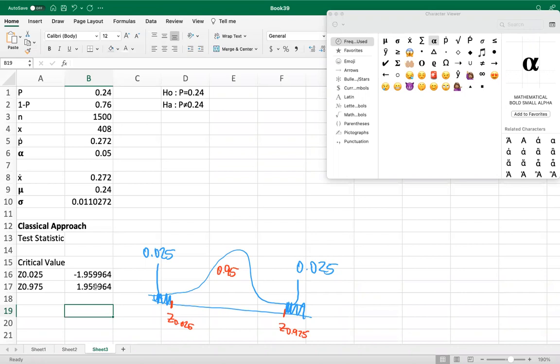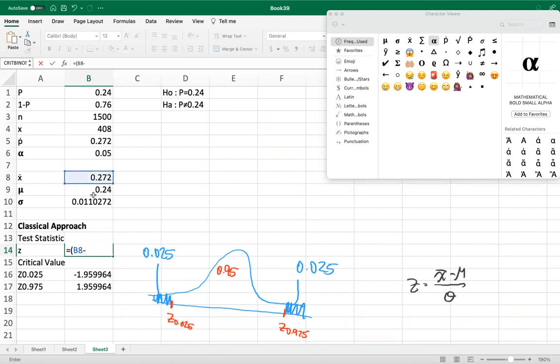And now that we have that, let's find our test statistic. This is going to come from our z-score, the z value for this problem. Again, z is just going to be equal to x bar minus the mean, divided by the standard deviation. So the numerator is x bar minus mu, and we're dividing that by our standard deviation.